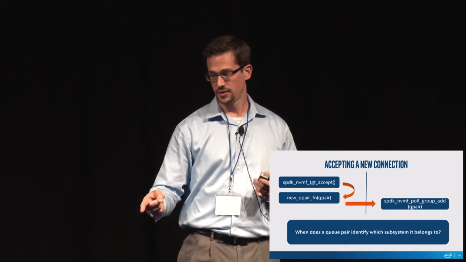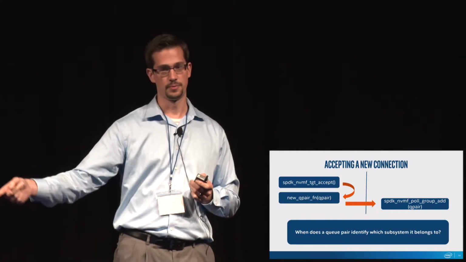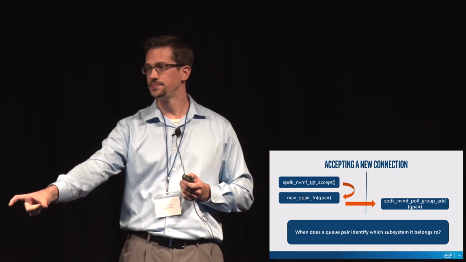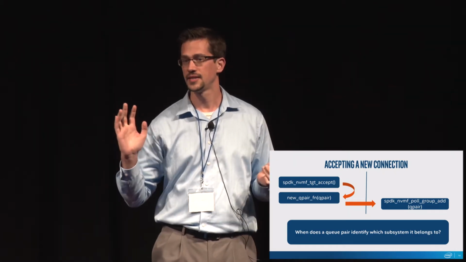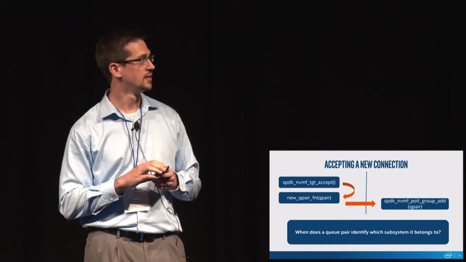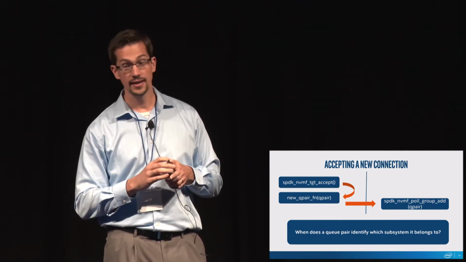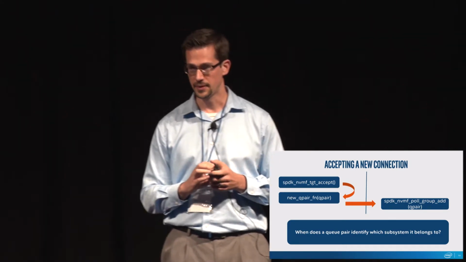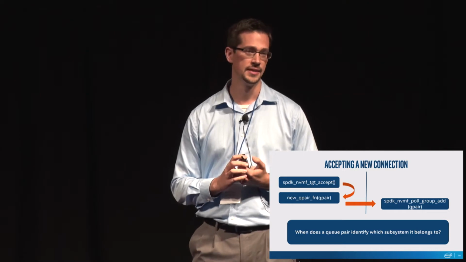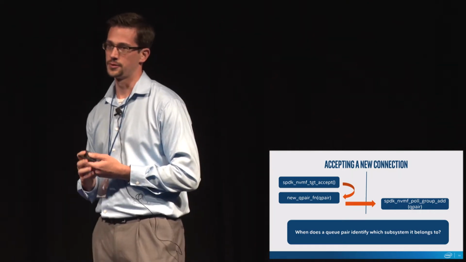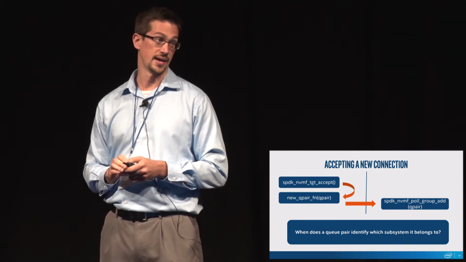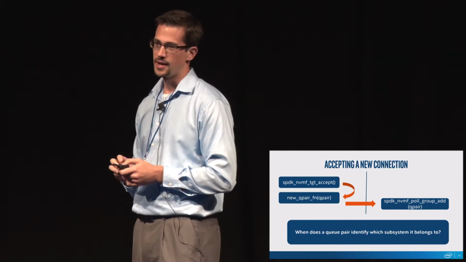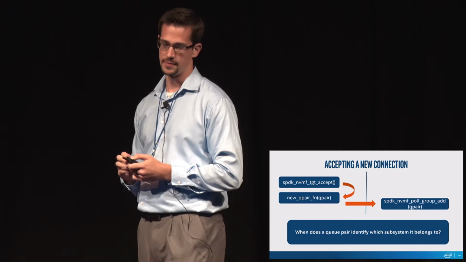To do this, you're probably going to have to pass a message to the right poll group. It doesn't really matter what poll group you pick. That's part of the application's decision. The SPDK NVMe-oF target application just does round robin, although we have some ideas for load balancing style algorithms. But it's simple right now. It just round robin assigns them out.